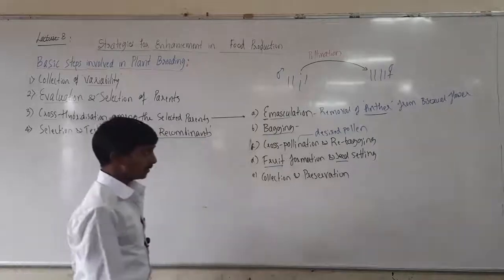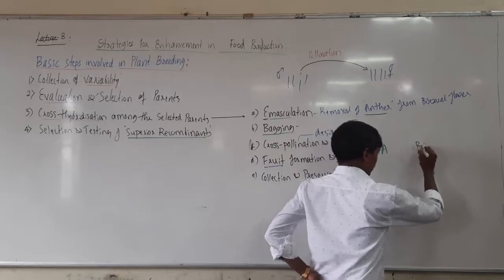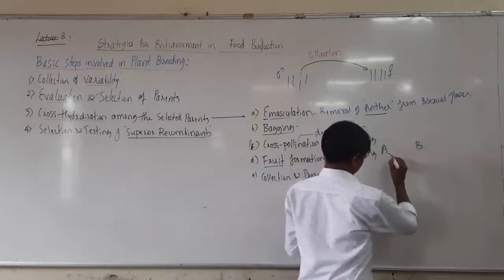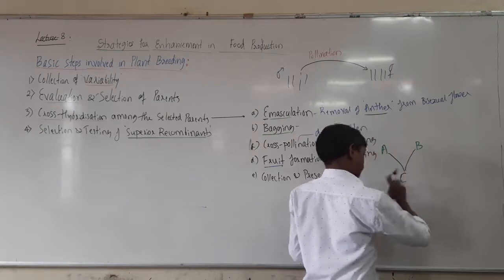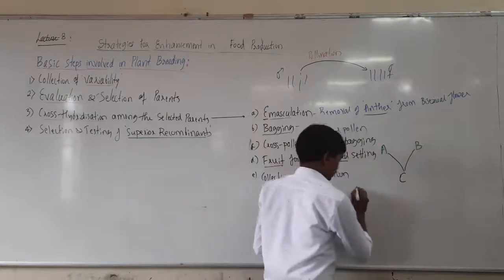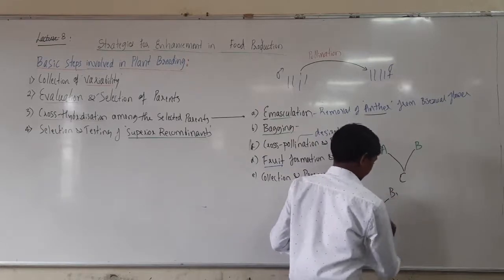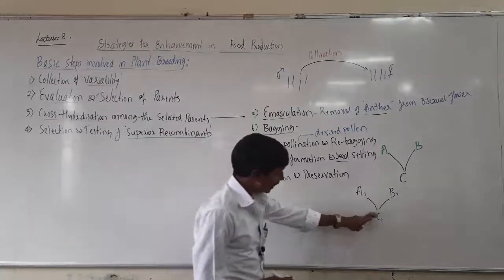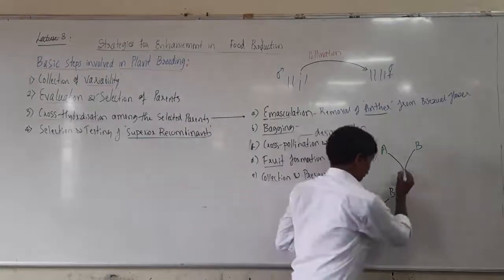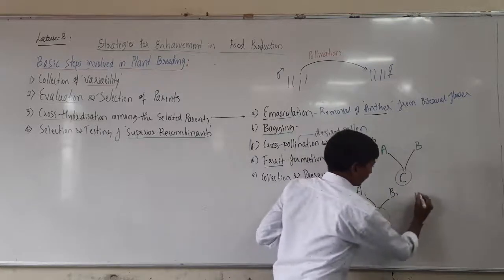I said earlier, we crossed plant A and plant B, and we obtained the hybrid as plant C. Similarly, we might have crossed A1 and B1 to get the offspring C1. Say I got some 10 hybrids.